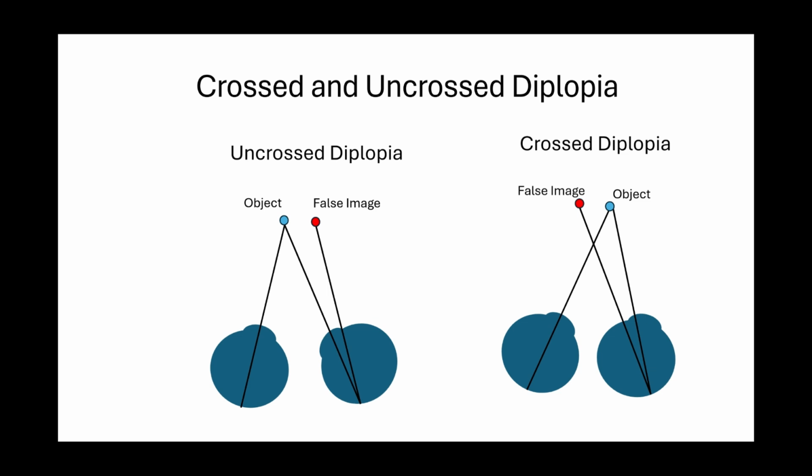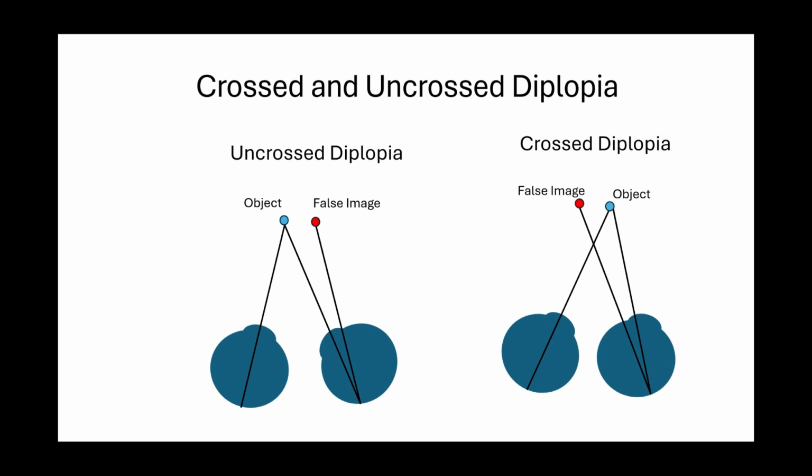That is why we call it uncrossed diplopia, where the false image is on the right side and the deviating eye is also the right. Okay, so when the right eye is at fault and the false image is also falling on the same side, it is known as uncrossed diplopia.